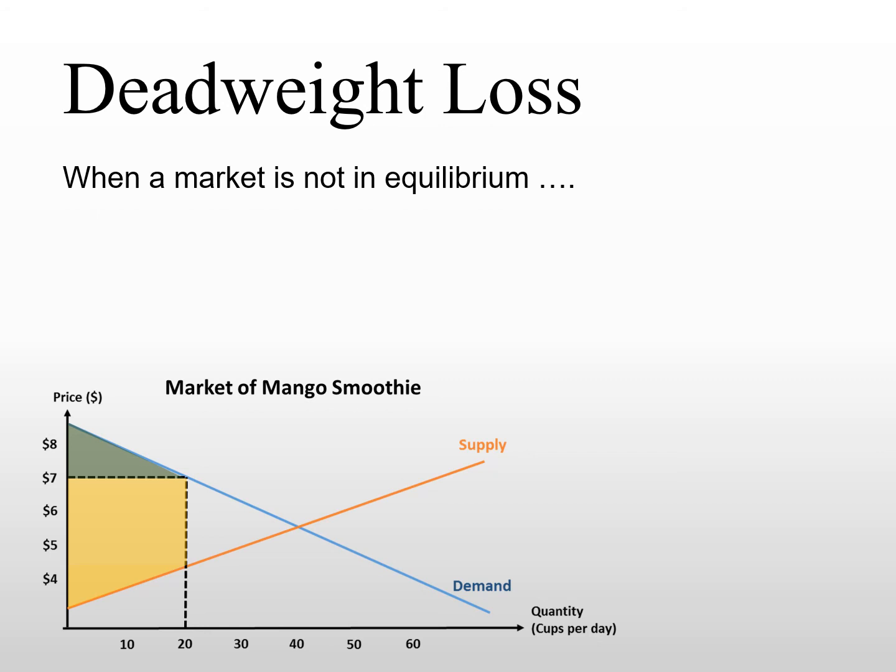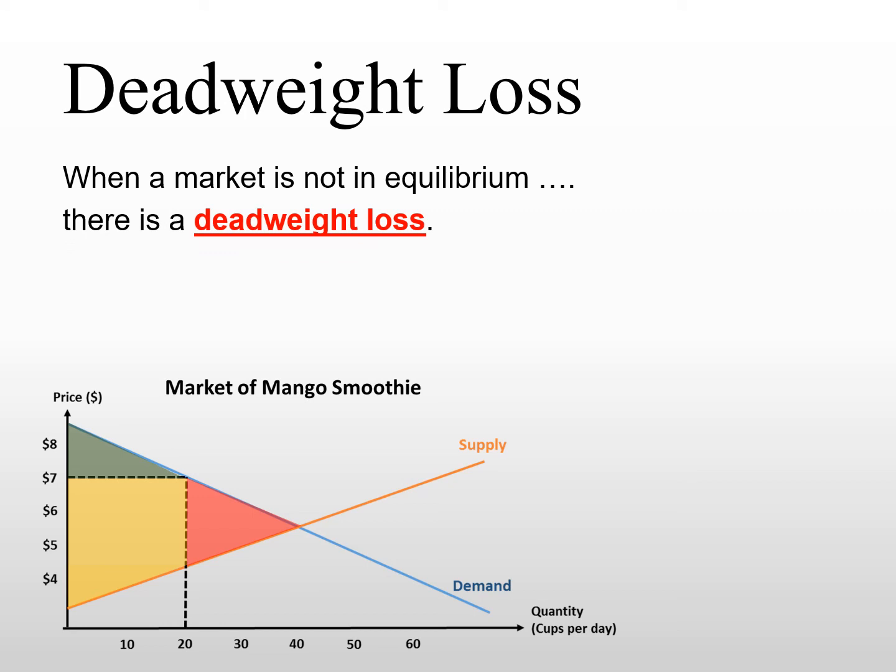Producers will not be able to sell more than 20 units because it's too expensive. People are not buying that many. And that leaves us with this little triangle that we have included before. This red triangle right here that we present in the graph is what we refer to as the deadweight loss.